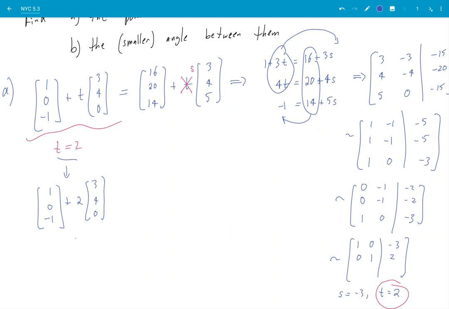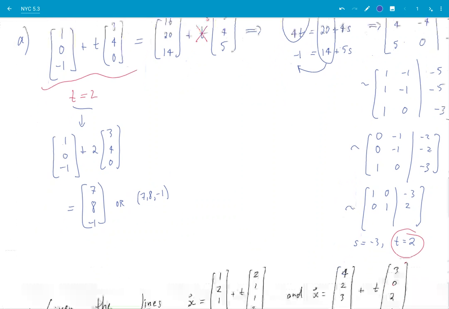So what do I get? (7, 8, -1). And you can write that as a vector or as a point. Doesn't really matter. So that's my answer for part A.